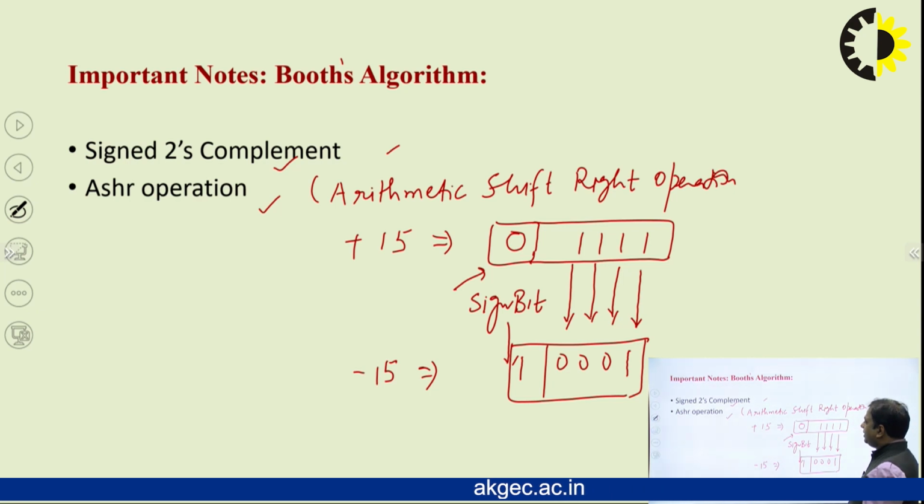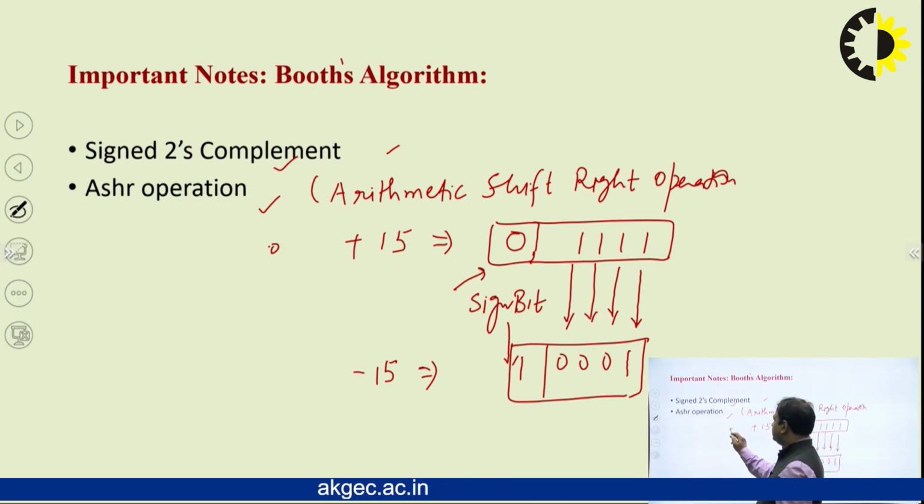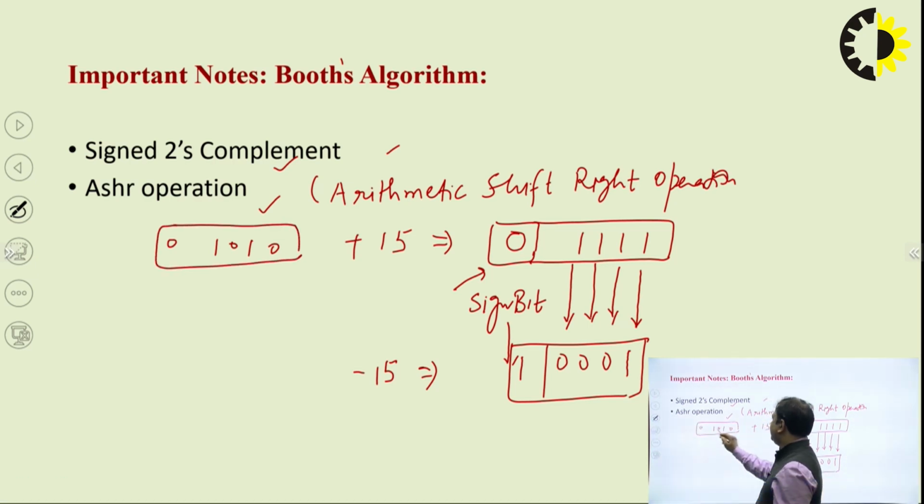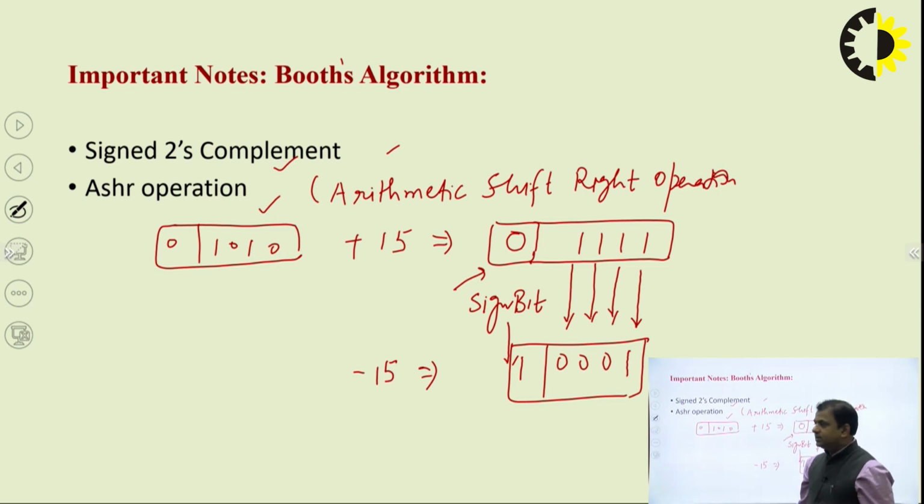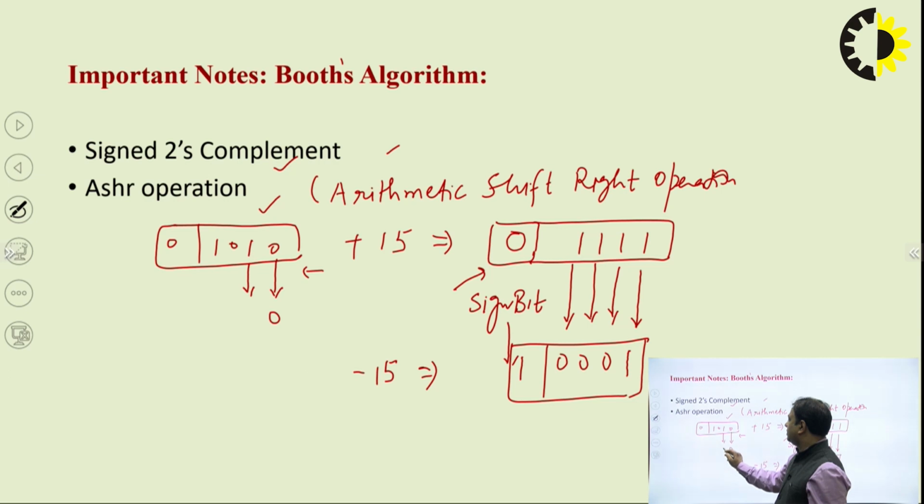Suppose I have another number, 0 1 0 1 0, and I say find its sign 2's complement. Then the sign 2's complement says that from the right-hand side, move till we get the first one. We do not change the bit value till the first one, so 0 will be 0, 1 will be 1.